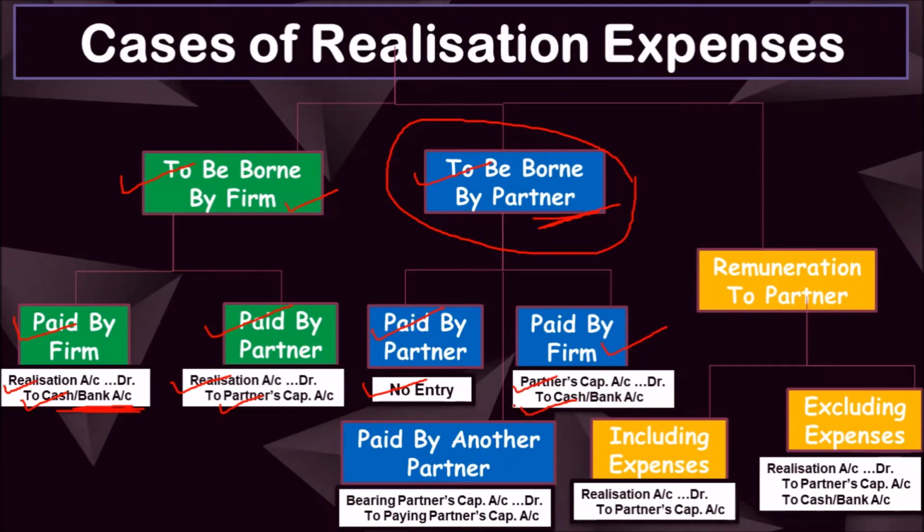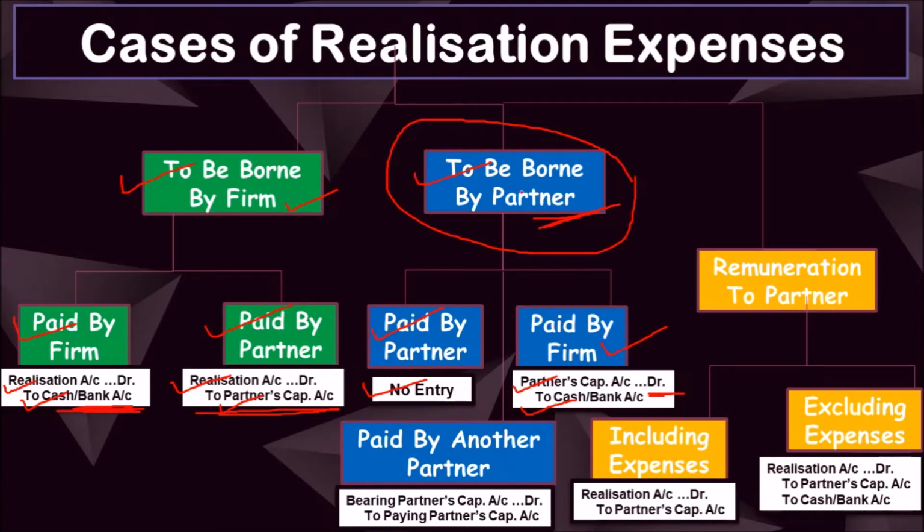Why? Because the firm is going to recover this amount from the partner. When the firm is going to pay some amount to a partner, then it credits that partner's capital account, and when the firm is going to recover something from the partner, then it debits the particular partner's capital account, understood the point?